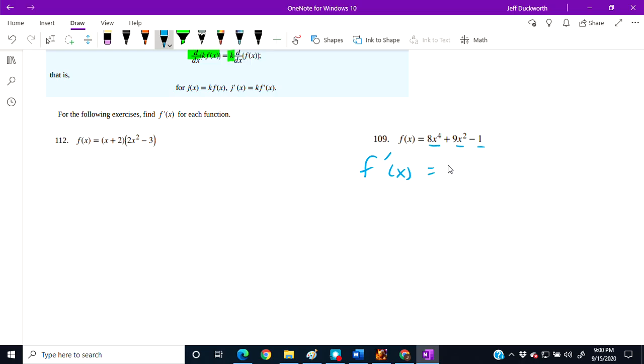So this is going to equal the derivative of 8x to the fourth plus the derivative of 9x squared minus the derivative of 1. With this first one, we can pull out that constant.